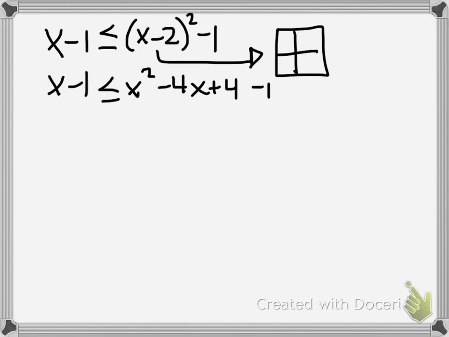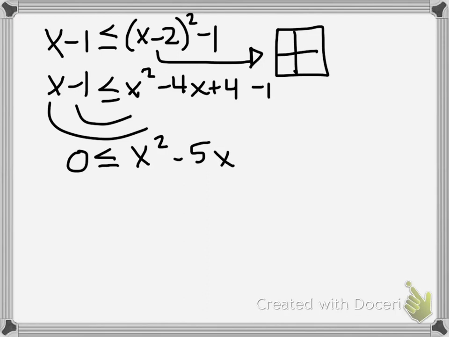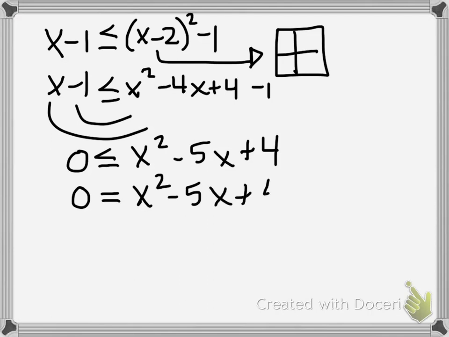And then in order to be able to use the quadratic formula or factoring, I need this equal to 0. So I'm going to move these things over and do some combining like terms, and I end up with 0 less than or equal to x squared minus 5x. And then my 4 and my -1 on the left makes 3. I'm going to add one more, and we get 4. And now I have my equation, so I can go ahead and solve that.